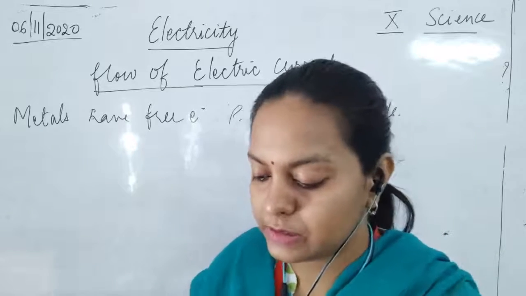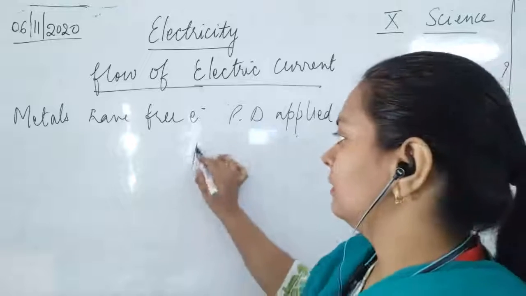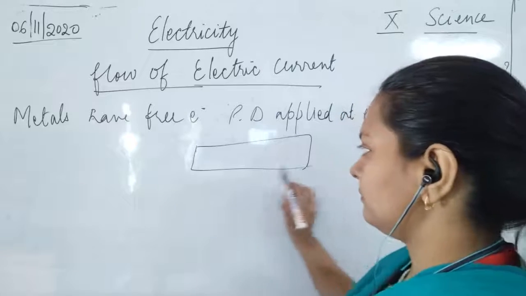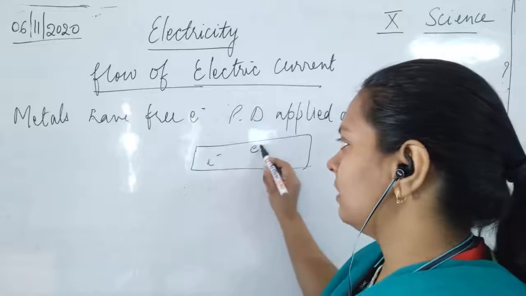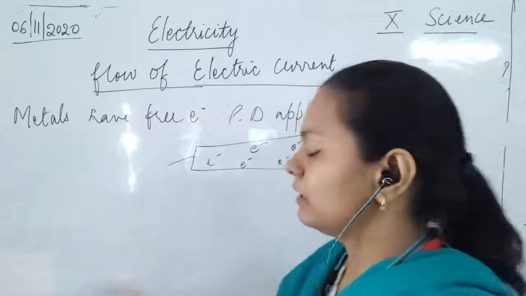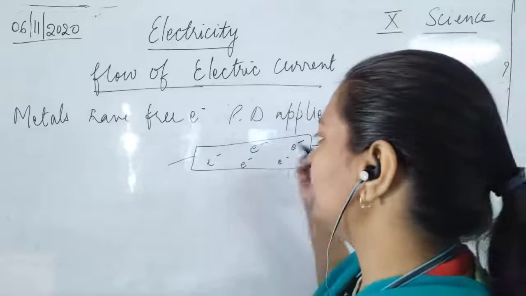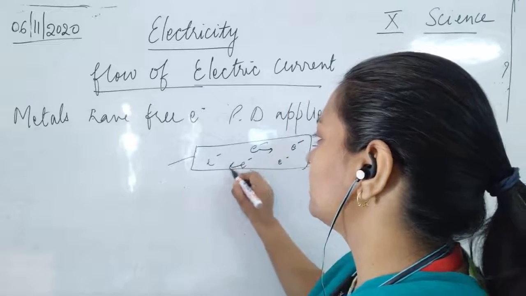Okay, so what happens when the potential difference is not applied? The wire is there, potential difference is not applied, then what happens? The electrons move here and there. Okay, so electrons will move in any direction. Some will be moving here, some will be moving there.